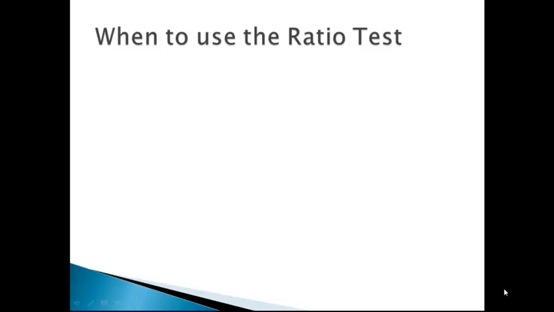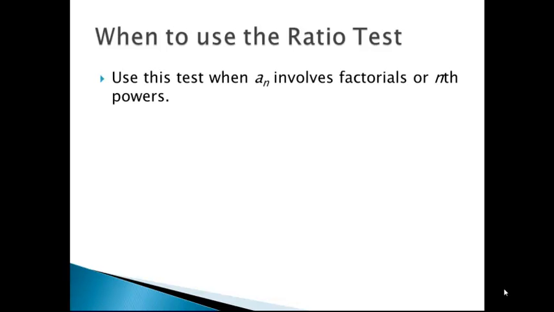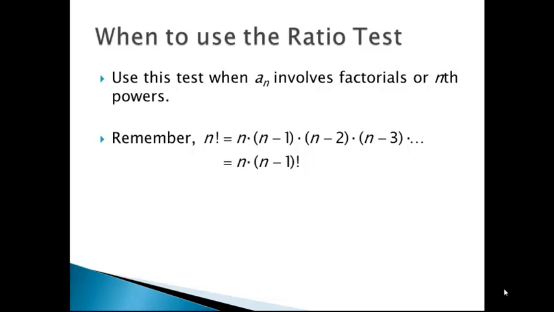When to use the ratio test? We can use the ratio test when the general term a sub n involves factorials, or nth powers. Now remember that n factorial is equal to n times 1 less than n times 2 less than n times 3 less than n, and so forth.